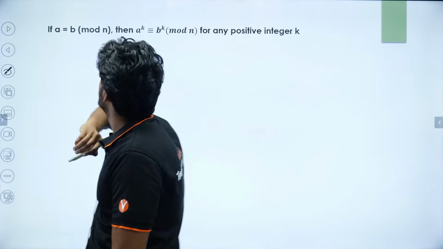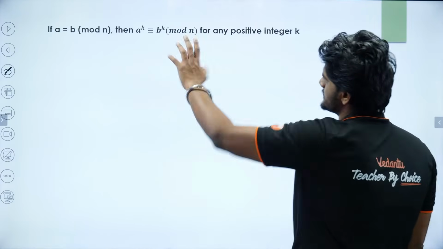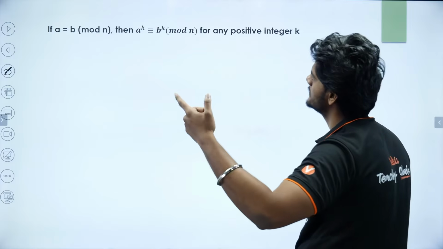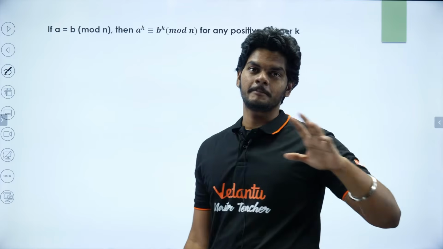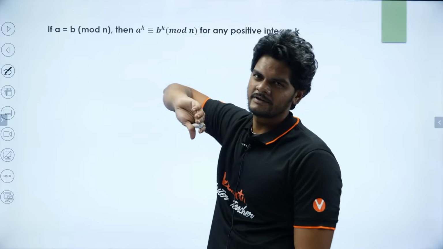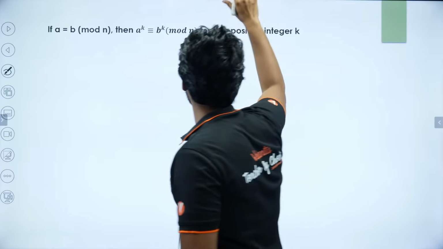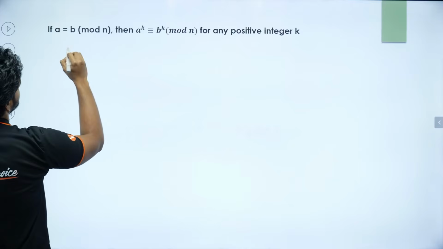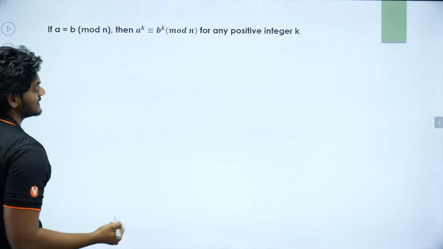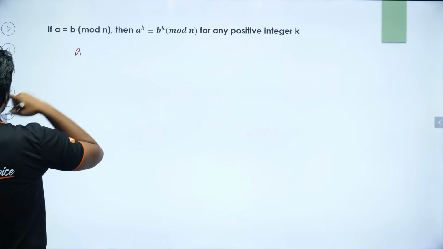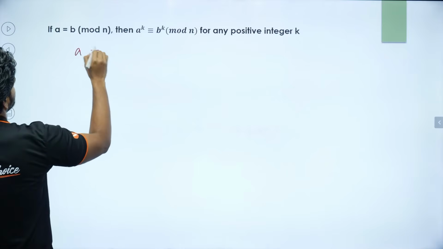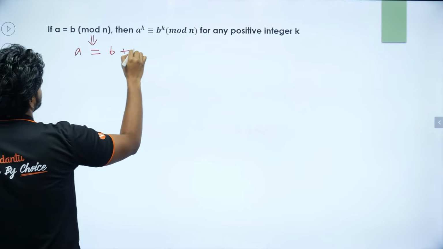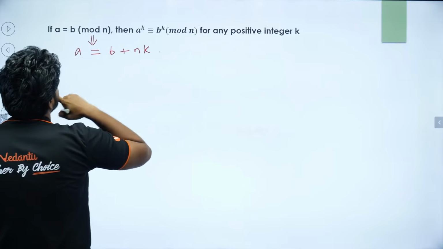Okay. The last property is this: if A is congruent to B mod n, then A power k is congruent to B power k mod n. This is one of the coolest properties, because this helps us do a lot of things. A lot of things become very, very easy to do. So, if A is congruent, that means A is equal to B plus nk.